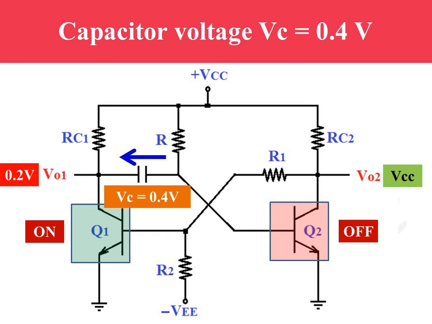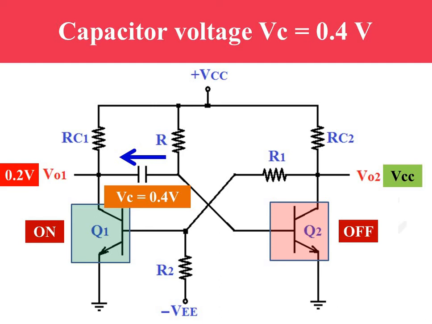Now as capacitance voltage is equal to 0.4 volt, total voltage between base and emitter of transistor Q2 is equal to 0.4 across the capacitance plus 0.2 between collector and emitter of the on transistor Q1. So total voltage is equal to 0.6, which is not sufficient to forward bias the base emitter junction of transistor Q2. Transistor Q2 continues to be in the off condition.